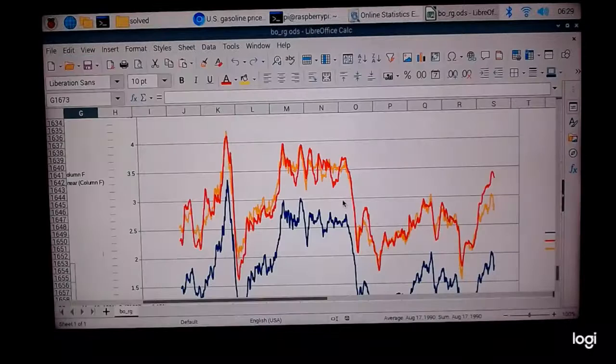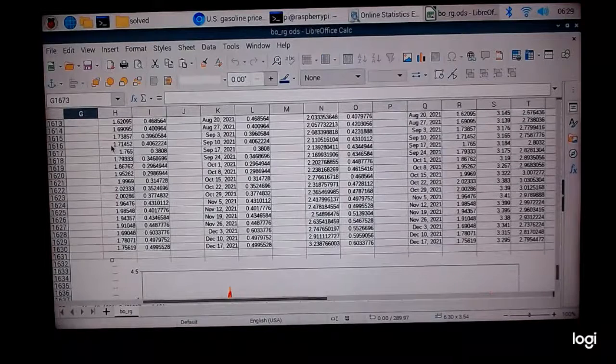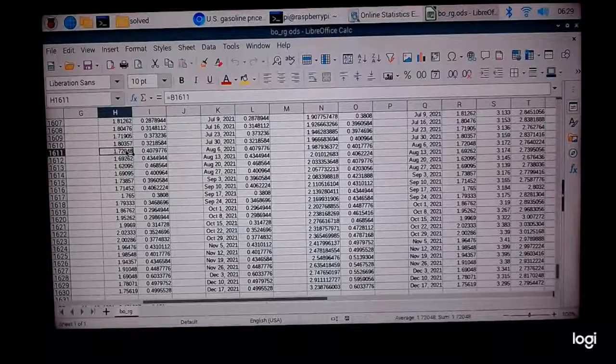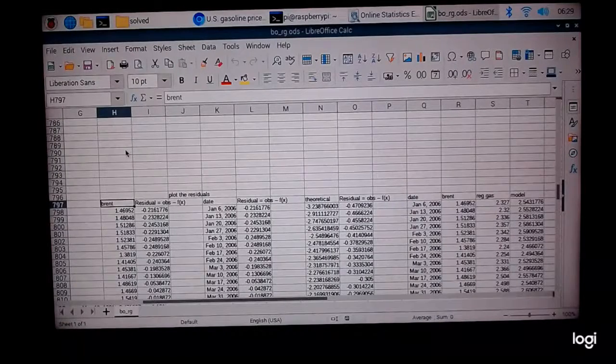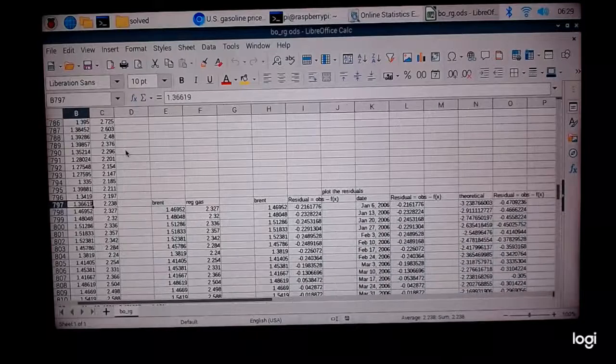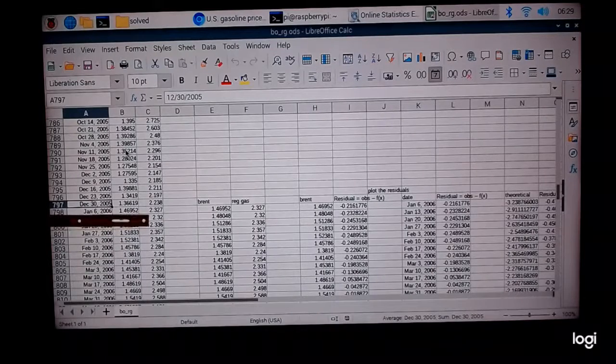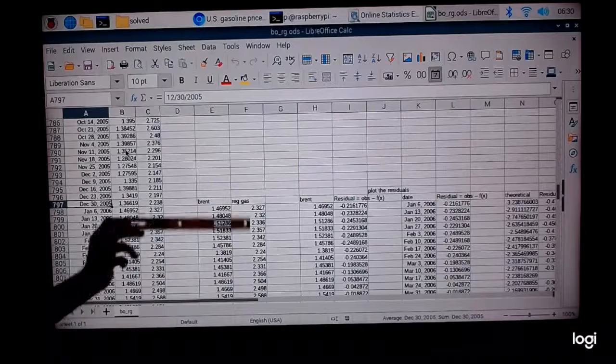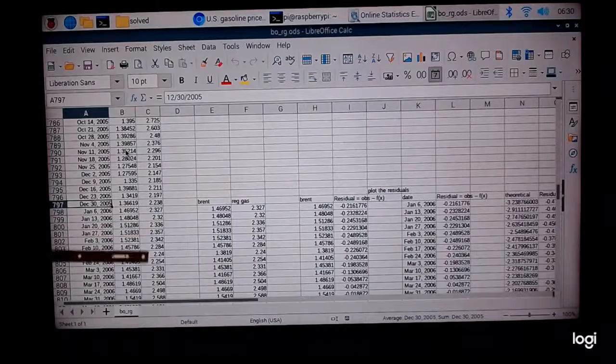Let me go up here. This is started in January 2006. That's where my linear regression starts. There's Brent, dollars per gallon, and regular gasoline. And these are weekly prices here, weekly from the website.